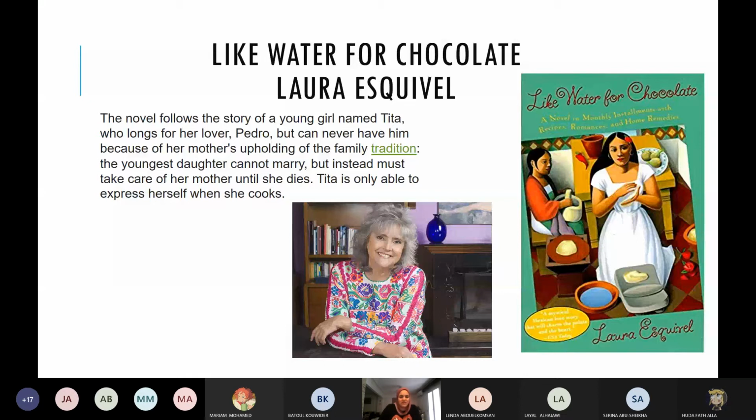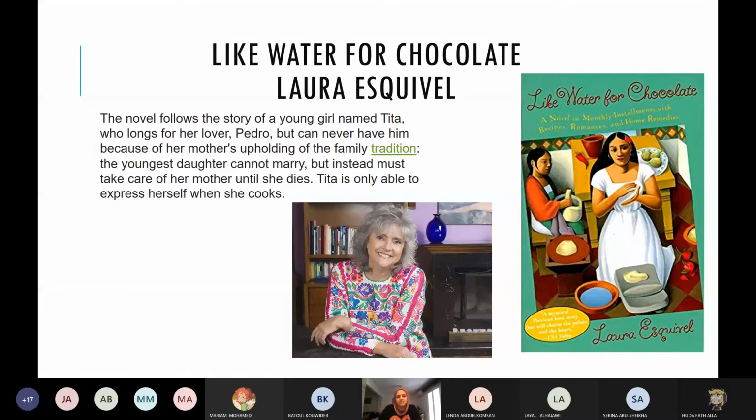Mexicans have their own traditions, their own food, even their own unique names. They keep their traditions and follow them. Like Water for Chocolate is a novel that depends on symbolism. It uses symbolism a lot throughout the novel.